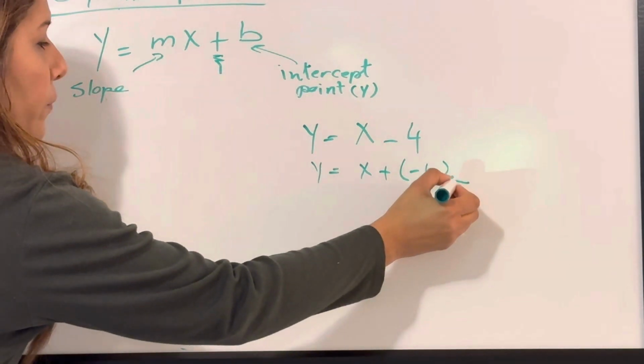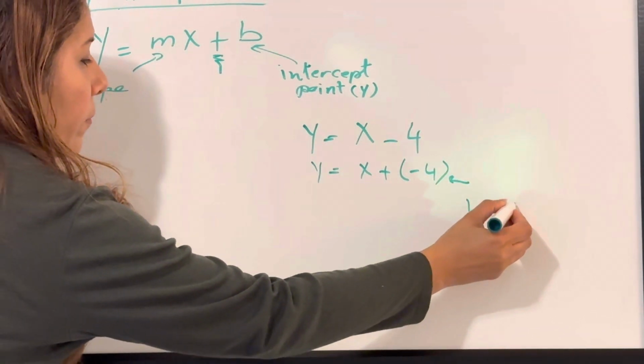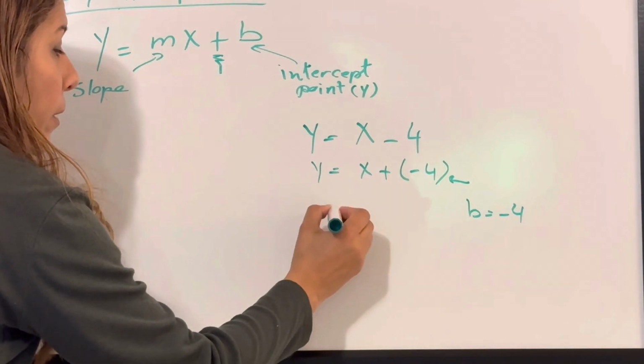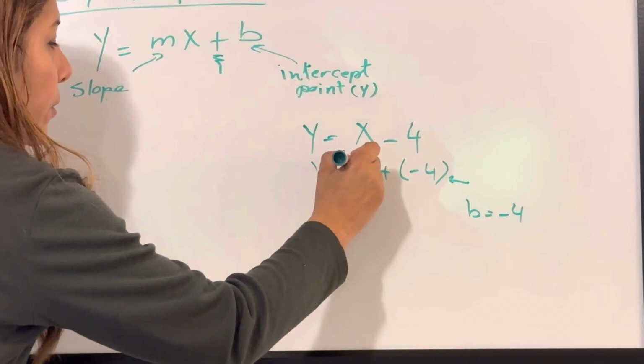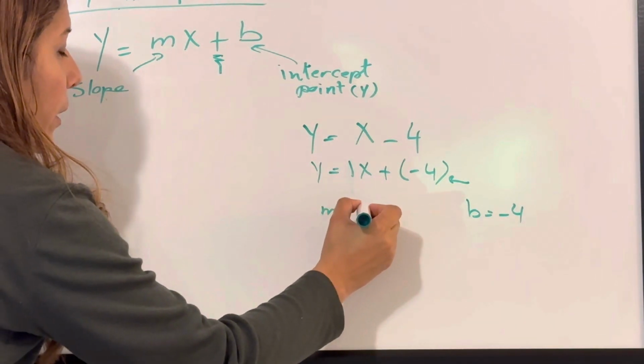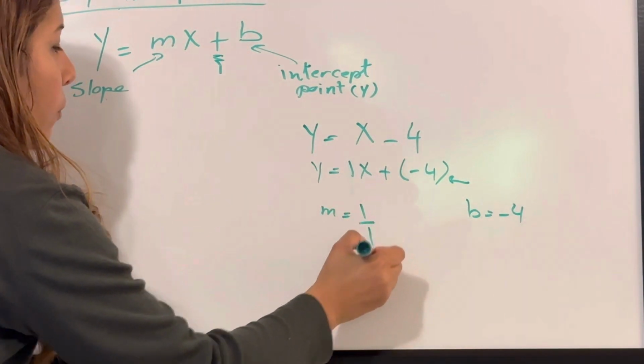So now minus 4, this is b, and the slope m is 1. If I don't have numbers in here, I know that I will have number 1, so the slope is 1 over 1.